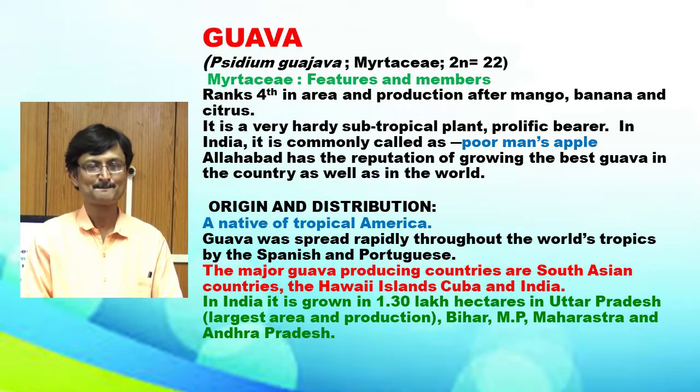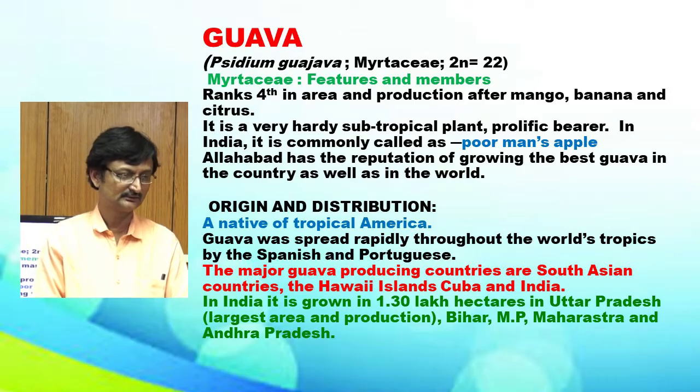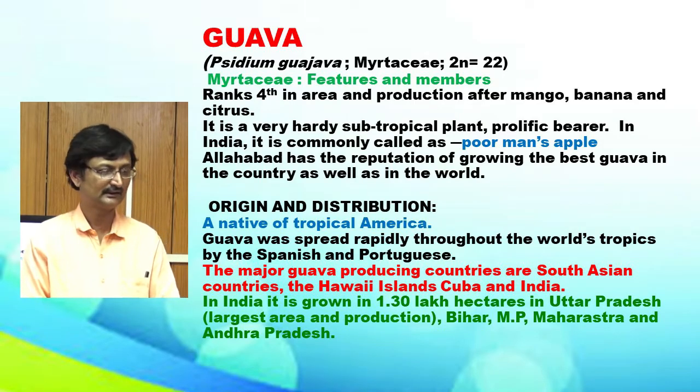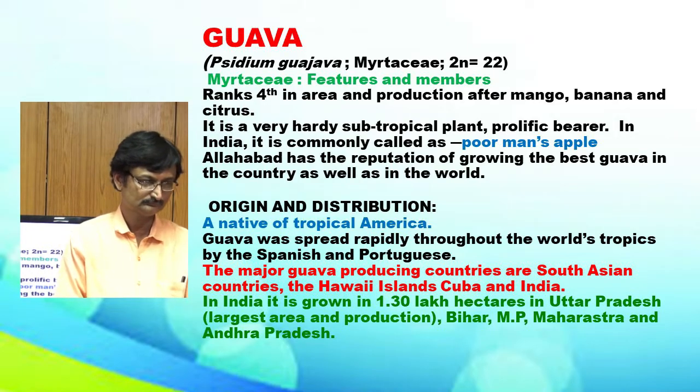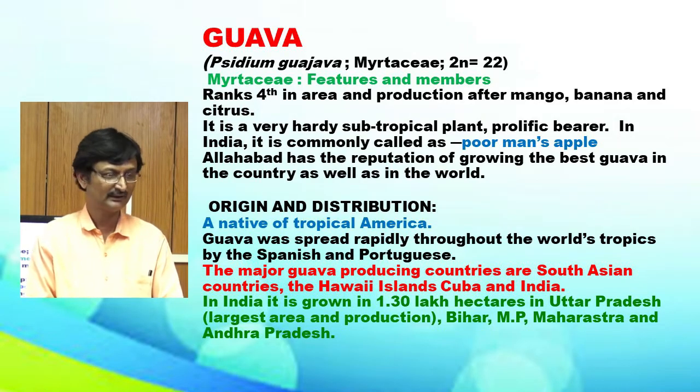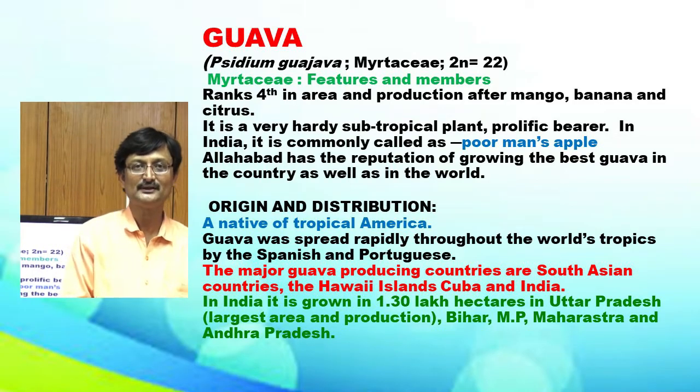I am just brushing over some basic things. Chromosome number is 2n equal to 22. It belongs to the family Myrtaceae.